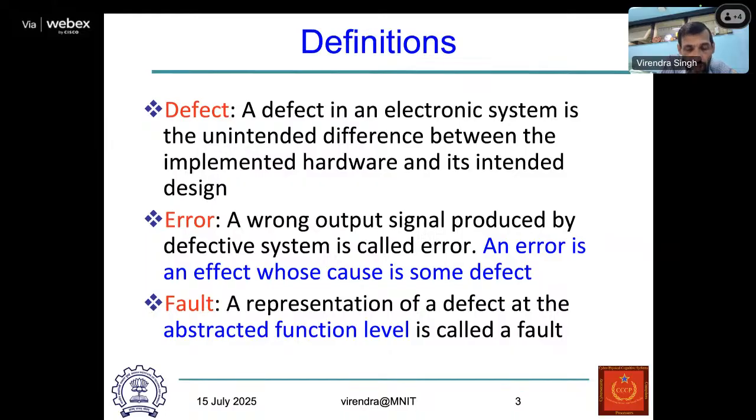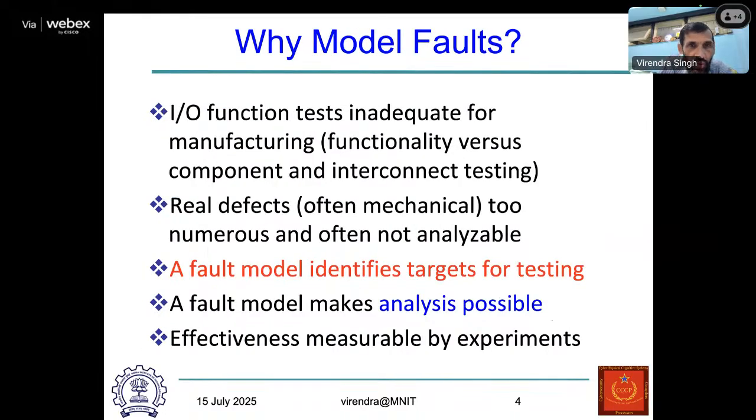Yesterday we discussed that we need to model the faults, because faults are the logical abstracted errors. Now, we can target each and every fault and find a way to test that particular fault. As we had seen yesterday, functional testing is a too tough task.